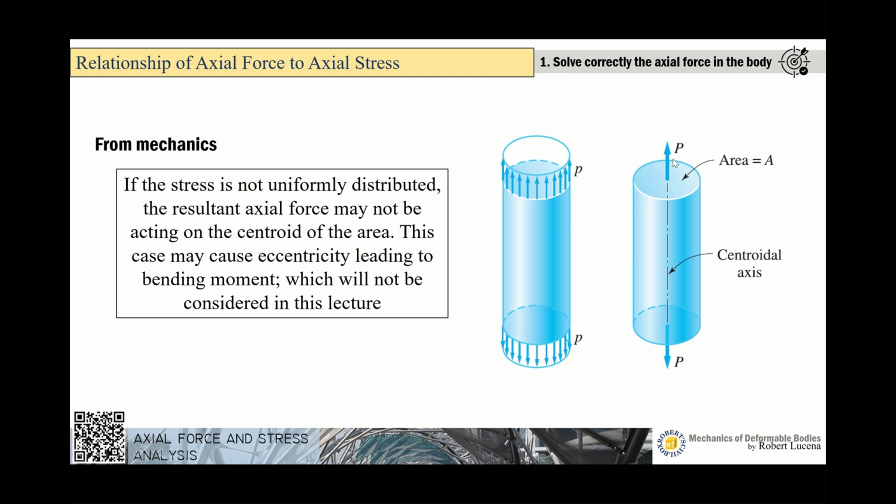Now this P is causing a stress over this area, as you can see on the left side of this figure. So this P is acting on the centroid, causing a uniformly distributed stress on the area presented in this portion. So P again is acting on the centroid.